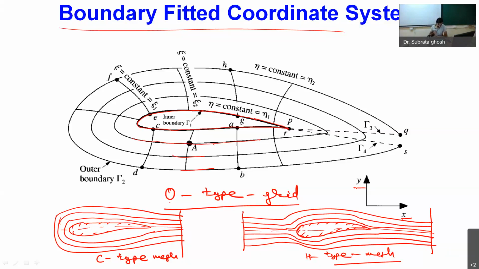For doing that, first I have located different points over here. You can see these points E, C, D, F, then some points P, R, Q, S, A, B, etc.